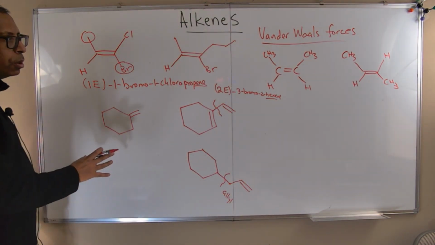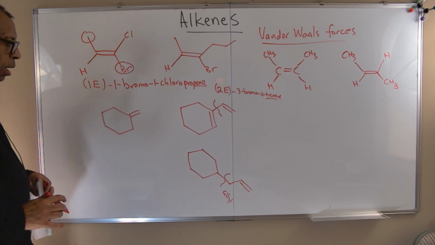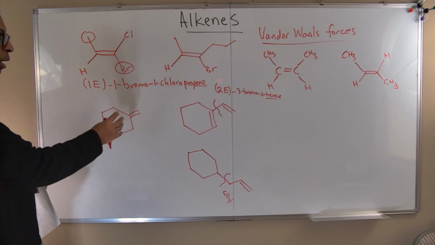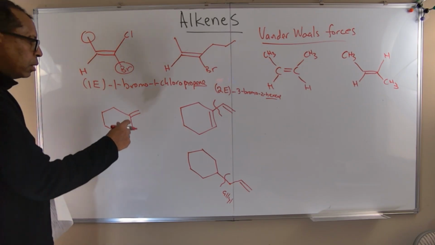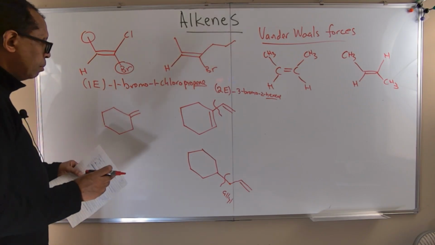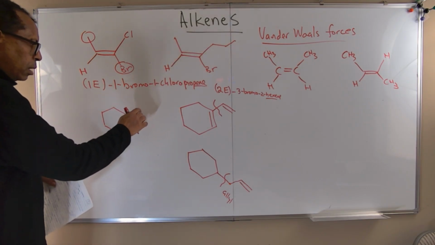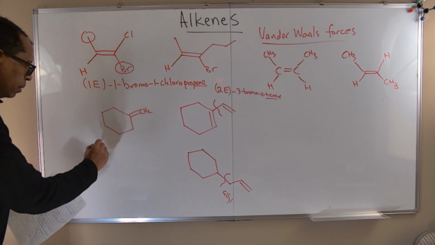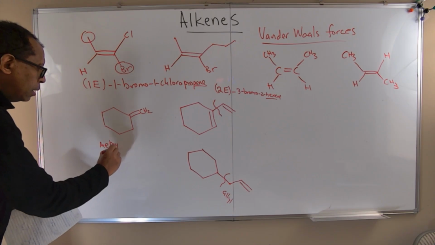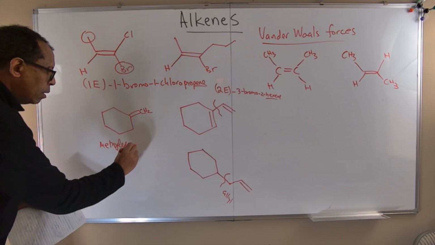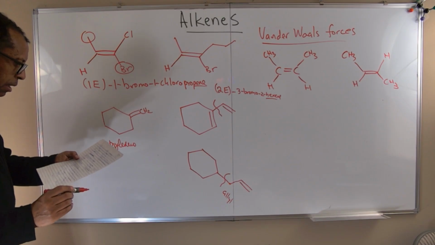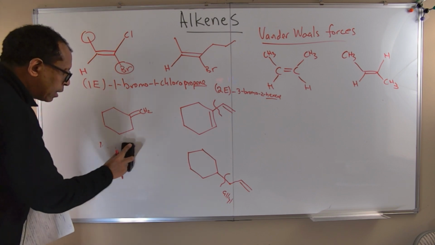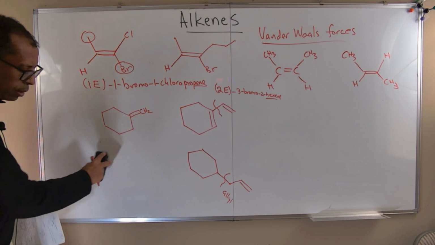And some more detail here: a double bond which is just attached outside of any cyclic system is called a methylene group, because it's CH2 here, which is methylene. So it is methylenecyclohexane.